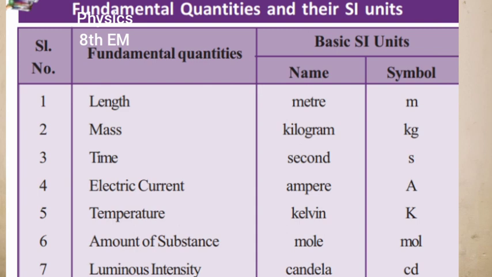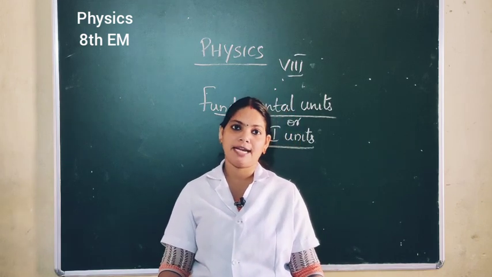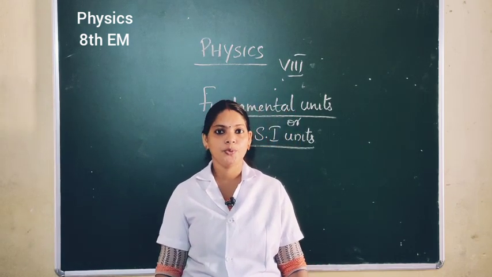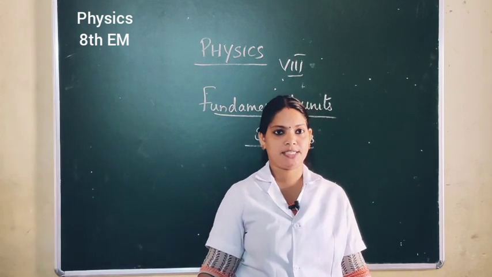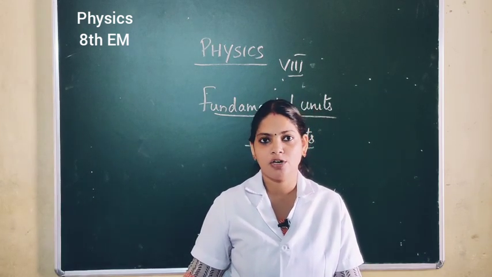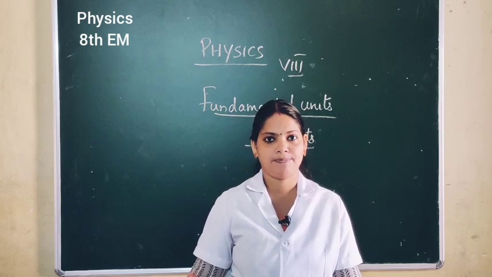Next, amount of substance, mole, symbol is mol. Luminous intensity, the unit is candela, represented by cd. So, these are the fundamental quantities and their units are called fundamental units or SI units. There are 7 fundamental quantities and 7 fundamental units.